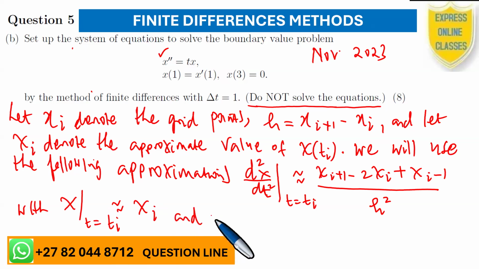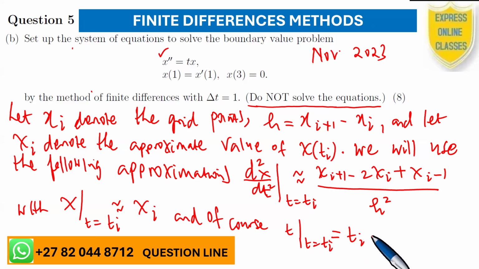And of course, t evaluated at t sub i is t sub i. But I want to also state something here.